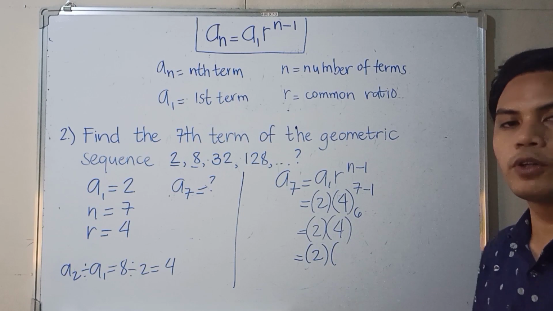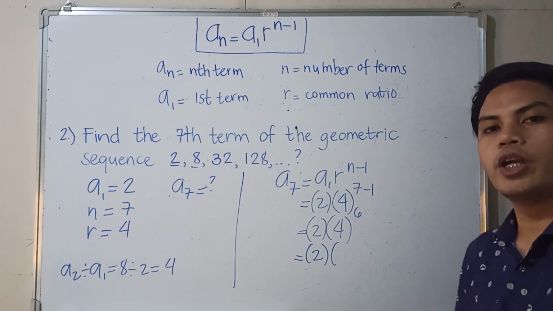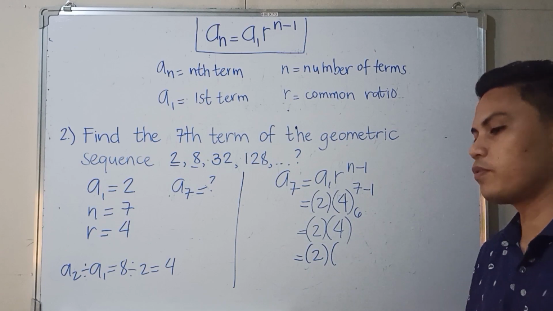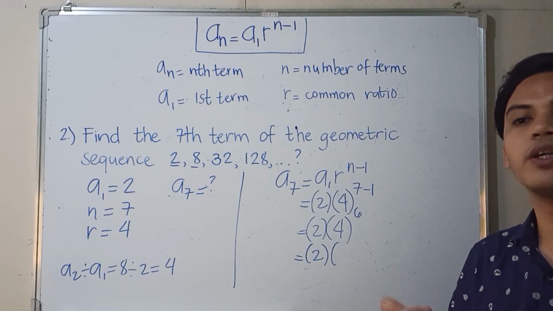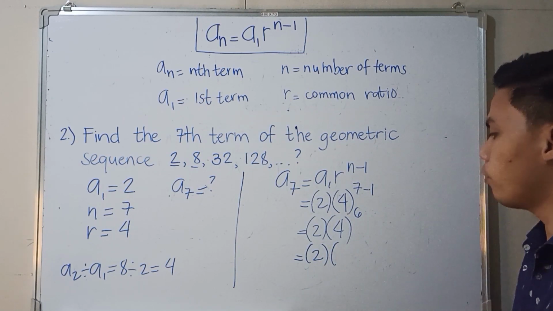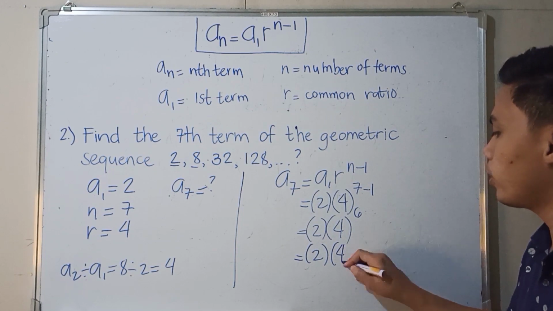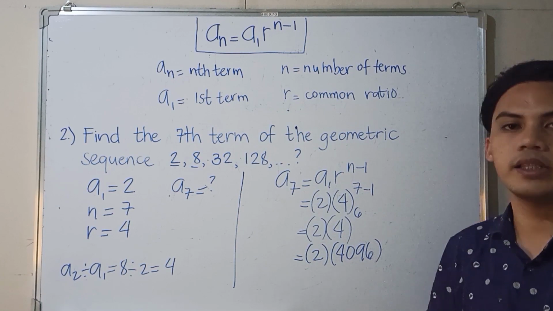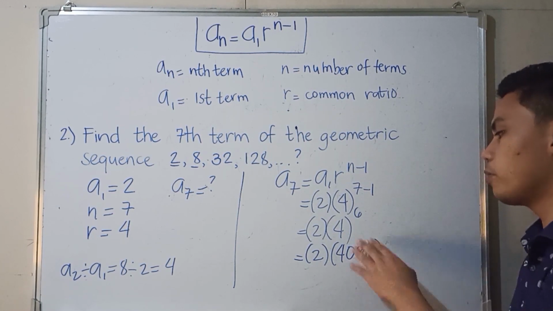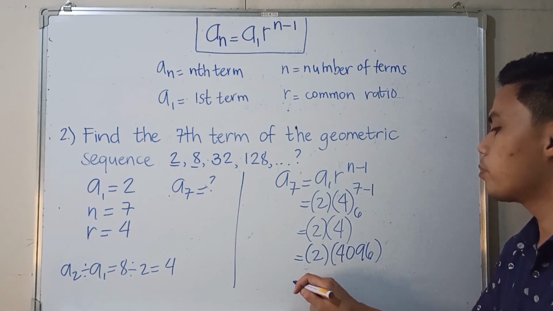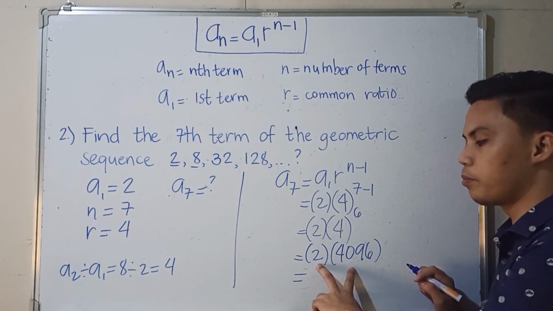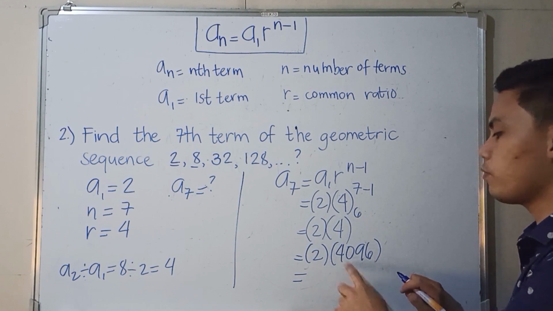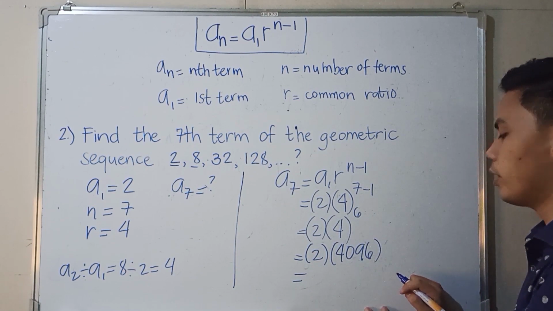Okay, anong ibig sabihin ng 4 raised to 6? Ibig sabihin, 4, i-multiply sa kanyang sarili 6 times. So, 4 times 4 times 4 times 4 times 4 times 4. So, 4 raised to 6 is equal to 4,096. Okay, so after natin masimplify yung exponent, let's proceed now to these two numbers. I-multiply natin sila. We will have 2 times 4,096.